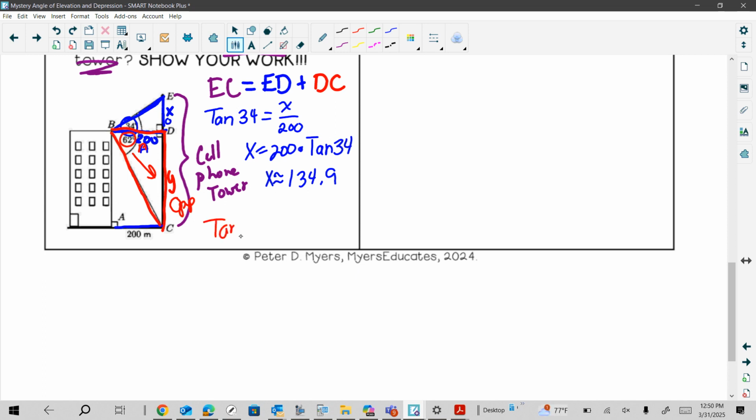You do tangent of 62 equals opposite over adjacent. Again, the variable's on top. So Y is approximately, I've got to put this in the calculator.